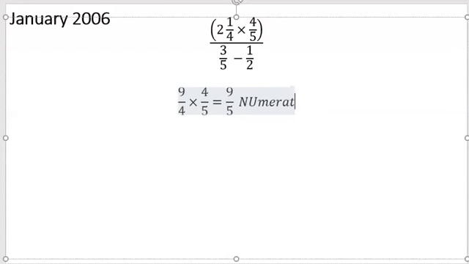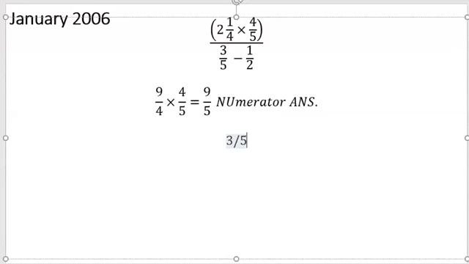And this is the numerator answer. And now going to the denominator portion, which is 3 over 5 minus a half.